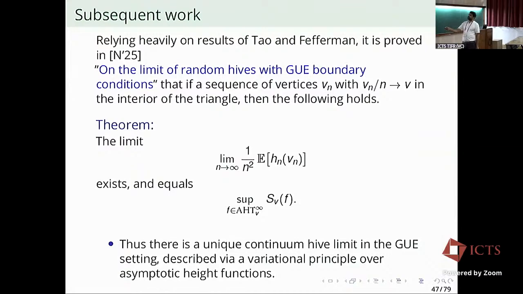What I just described in the talk was to prove that the variance tends to 0, but this result also says that the expectation, suitably normalized, converges to a fixed number. If you have both the convergence of the expectation and the variance tending to 0, for these log concave measures, at least you get convergence in probability. So this gives the limit for the Hives.